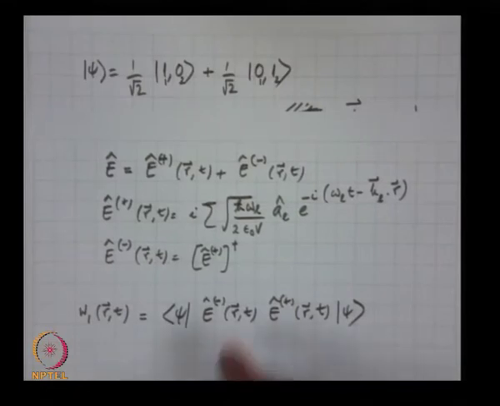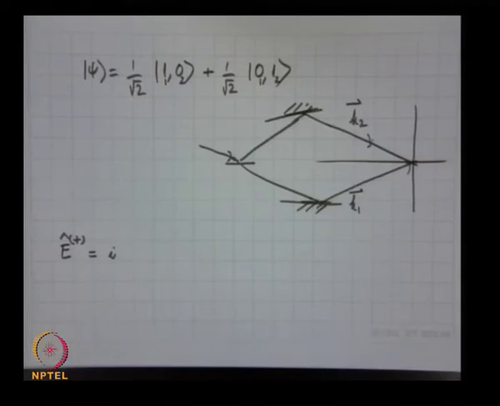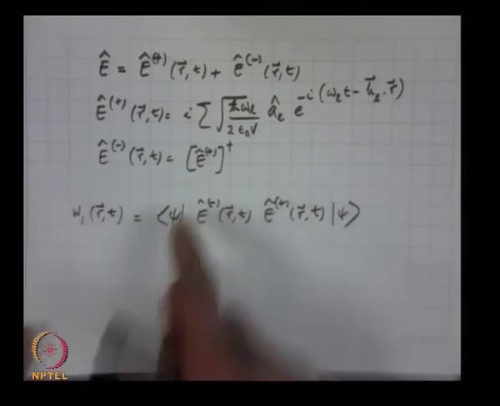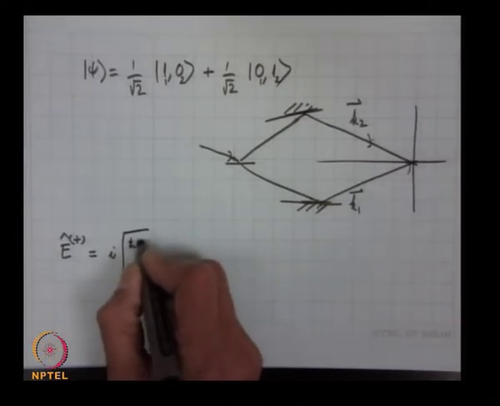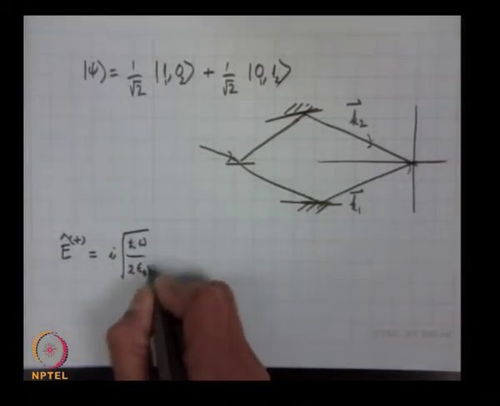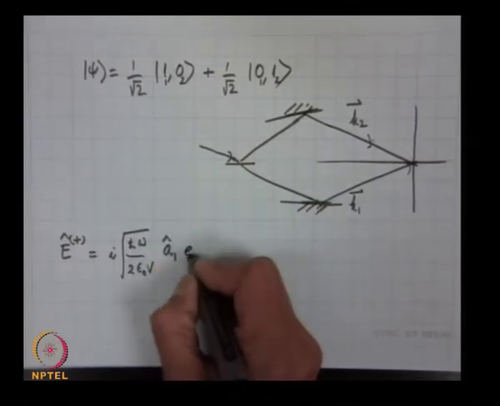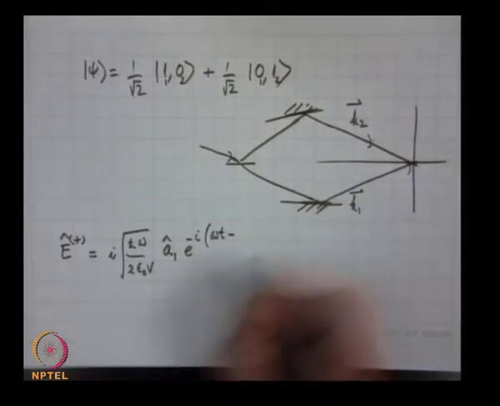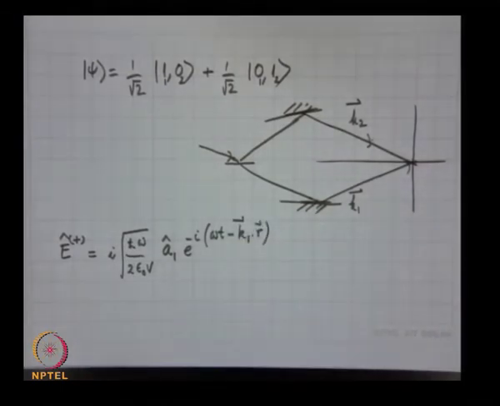I need to worry only about modes 1 and 2. So the total electric field that will take part in giving me finite terms here will consist of two terms. The first one will be i square root of h cross omega by 2 epsilon 0 V, I am assuming one frequency, A1 exponential minus i omega t minus K1 dot R. Please see here, this is the electric field.